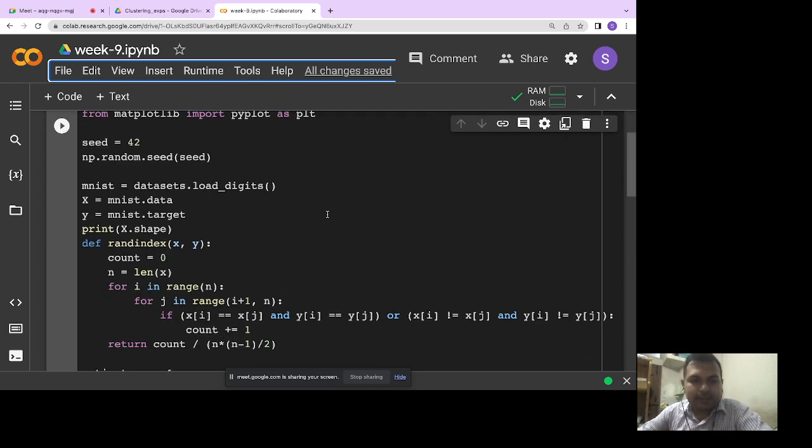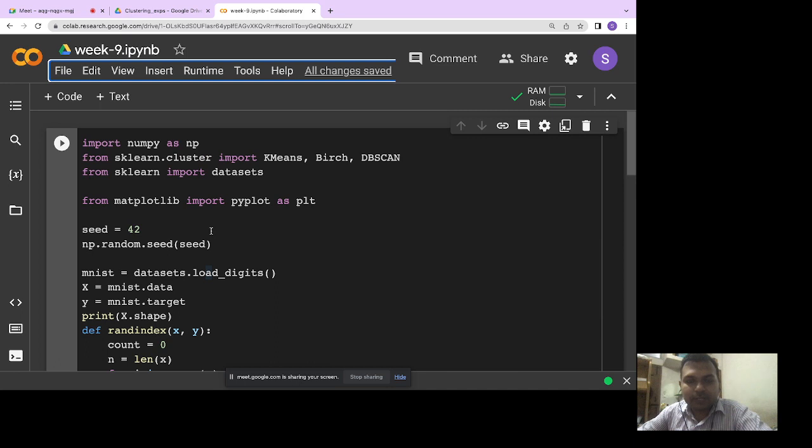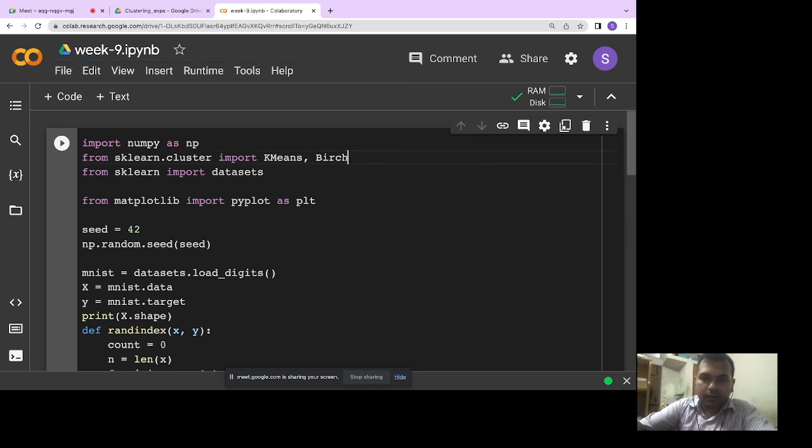I think the MNIST that they have asked for in this particular assignment is a smaller version of the same data set. So here we don't use the labels, at least for computing, because we are using clustering. We just use the features, and we cluster them, and we see the accuracy of the different algorithms.